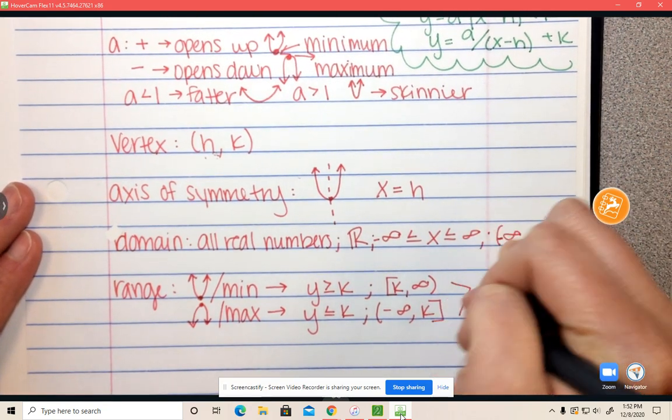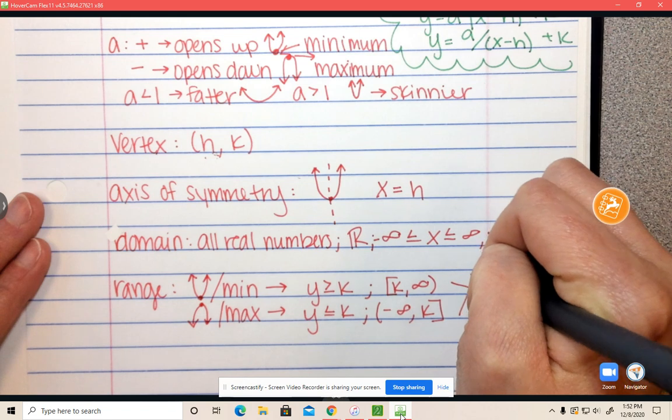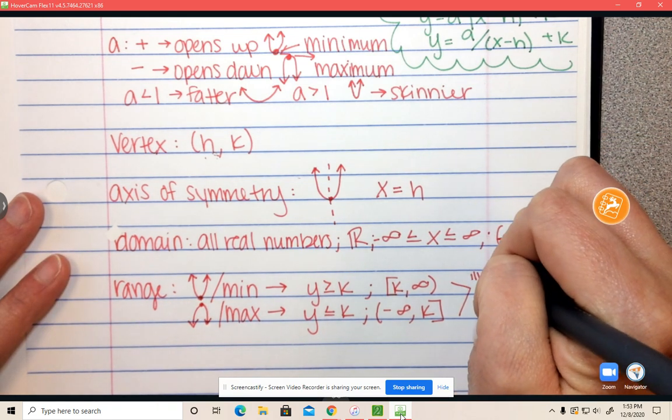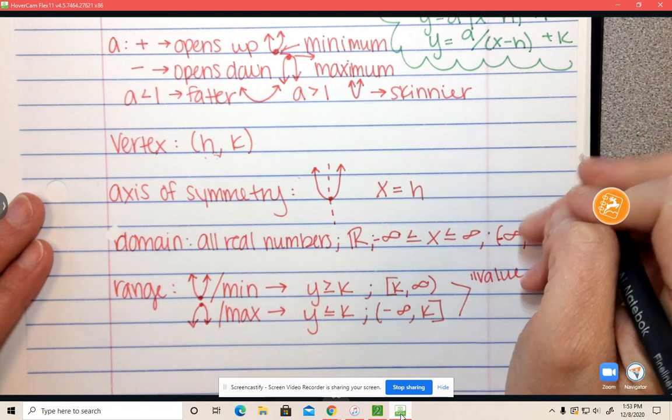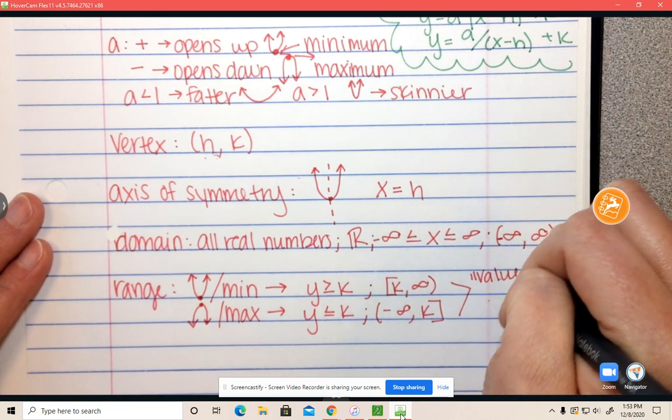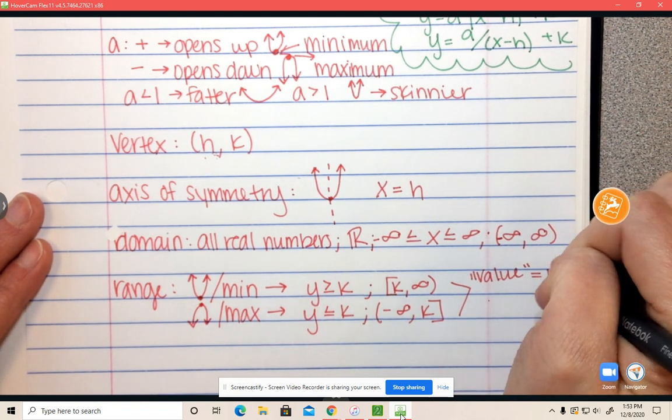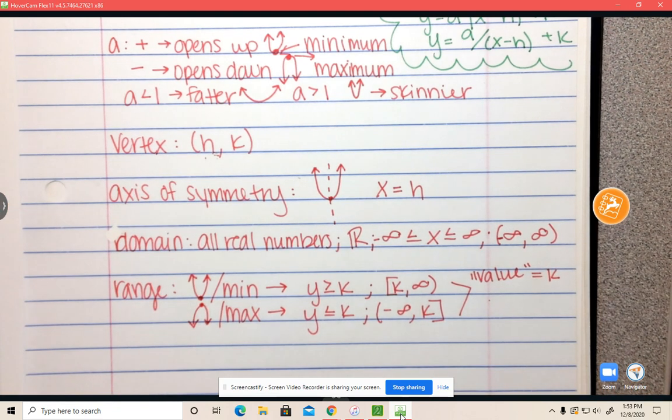And occasionally, if it asks for the range value or the minimum or maximum value, it just wants the y or that k. So if it asks you for the minimum value, it's just k. The maximum value is just k.